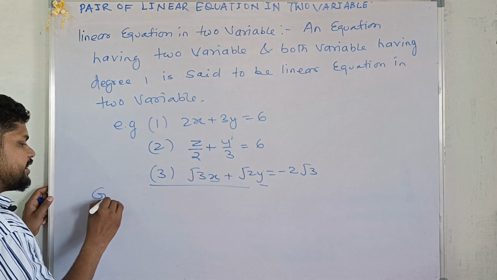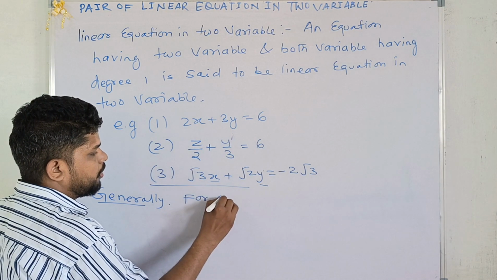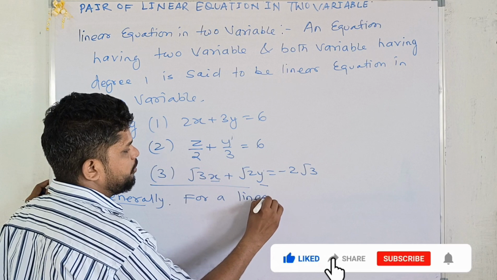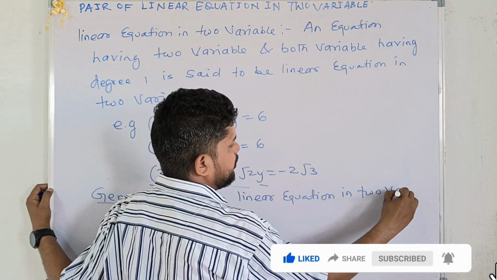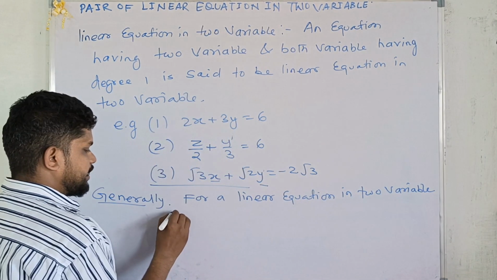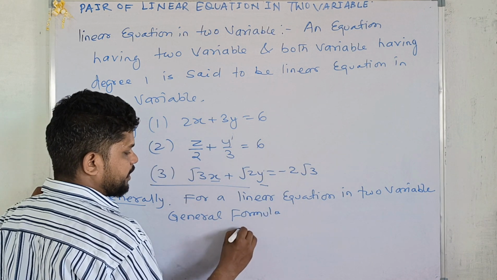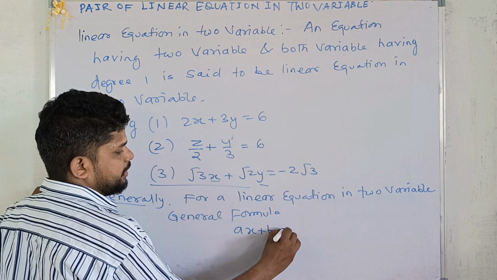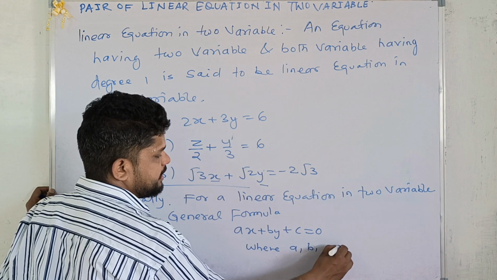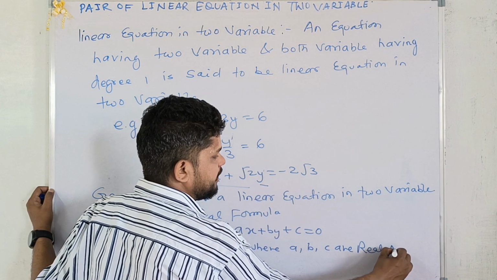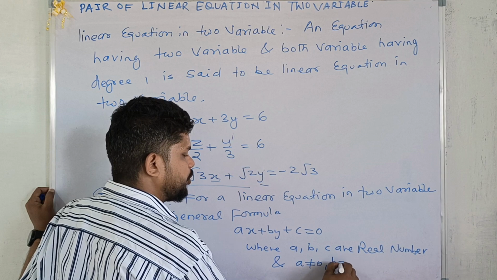Okay, dear students, generally note the point that for a linear equation in two variables, the general formula is ax plus by plus c is equal to 0, where a, b and c are real numbers and a should not be equal to 0 and b should not be equal to 0.